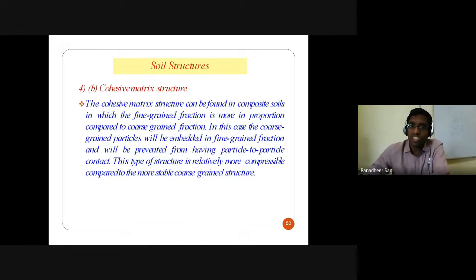So this type of soil structure is relatively more compressible when compared to the more stable coarse grained skeleton structure. Whenever you come across such cohesive matrix soil structures, those soil deposits are relatively more compressible in nature. Whenever loads are applied on them, you are going to see a higher amount of compression and more settlement happening in such soil deposits.